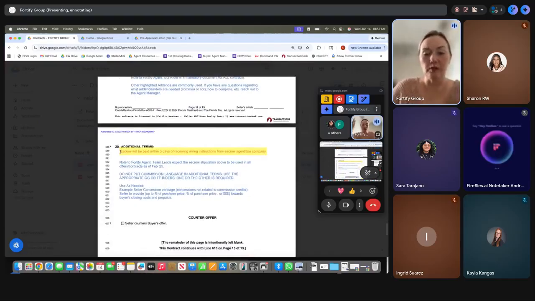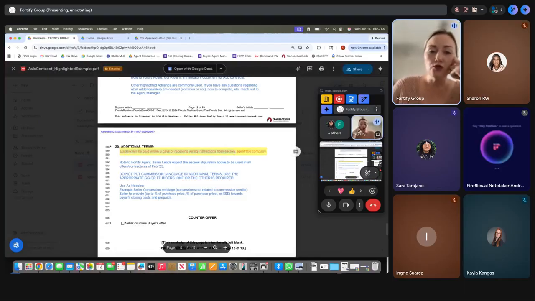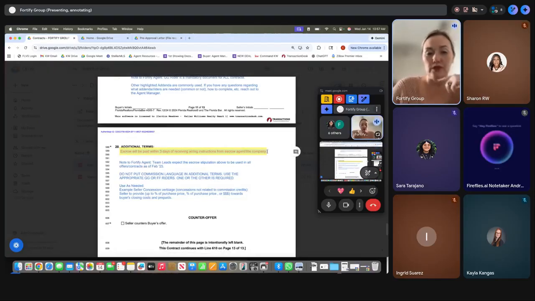I mentioned a couple times, mostly when it comes to if you're asking the seller to contribute towards the buyer's closing costs, you would write that here. I also like you guys to use this on every single deal you write, because it provides additional terms to your deposit time frame. So the contract basically says they have 3 days.